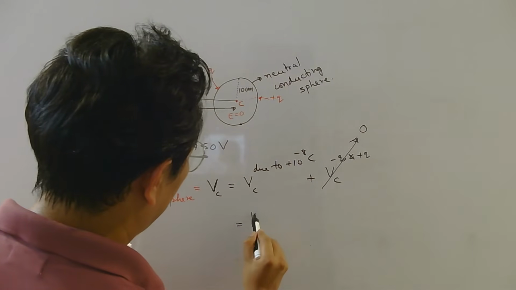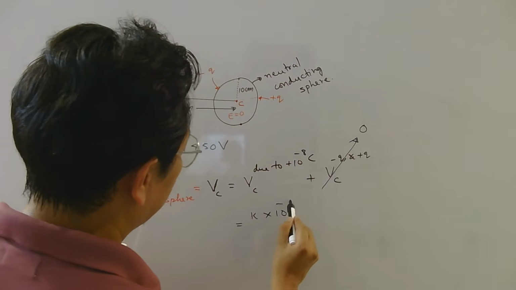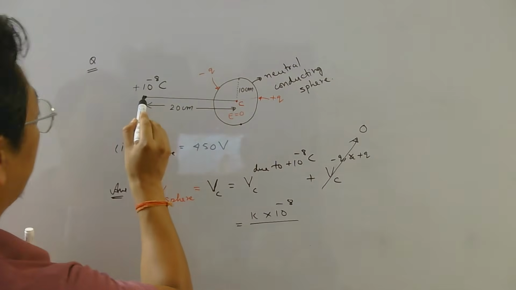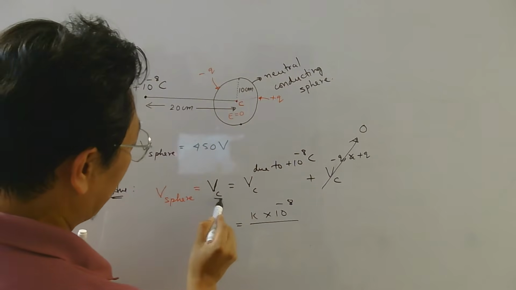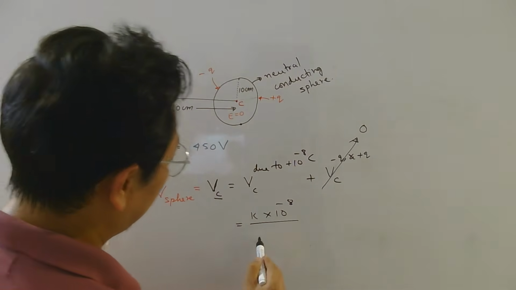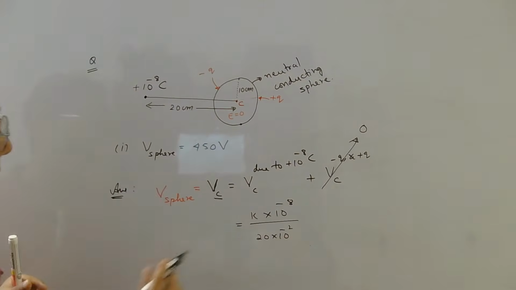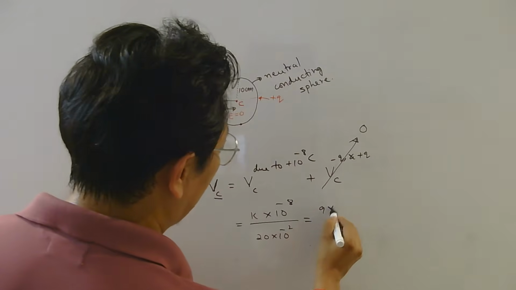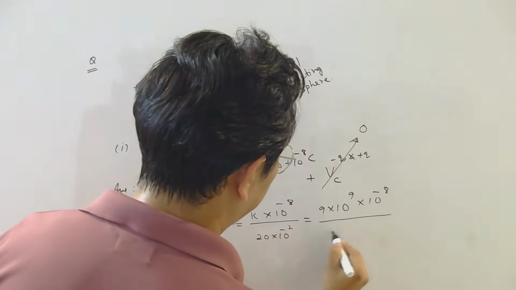That will be k q by r, and q here is 10 power minus 8, and the distance of the point charge from the observation point, the point where we want the potential, is given as 20 centimeter. So 20 into 10 power minus 2 meter, and the k value we know is 9 into 10 power 9, isn't it?